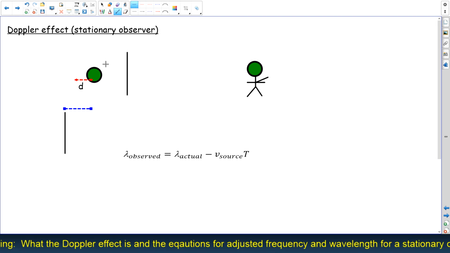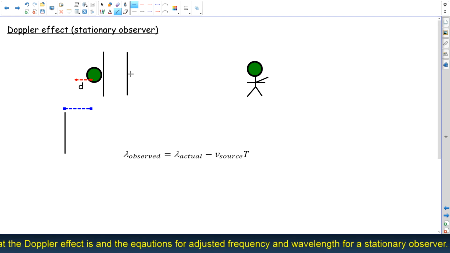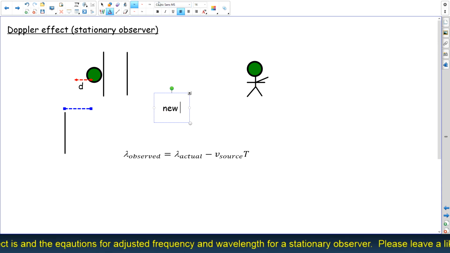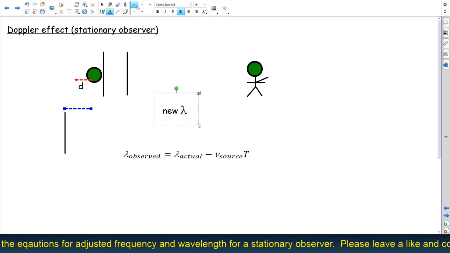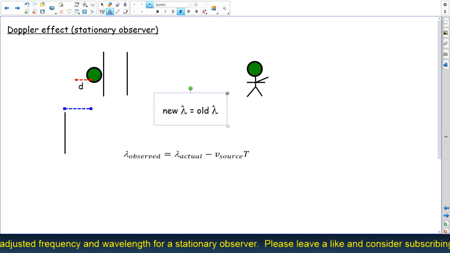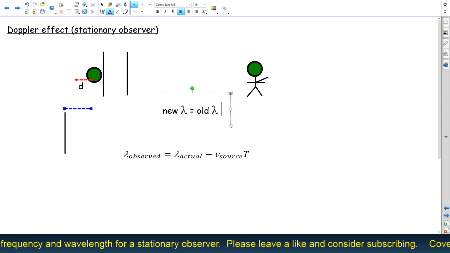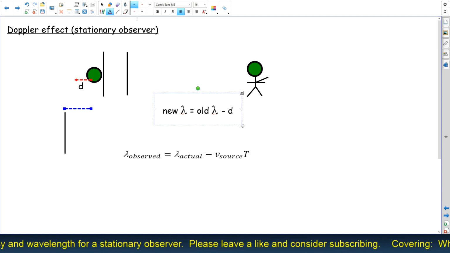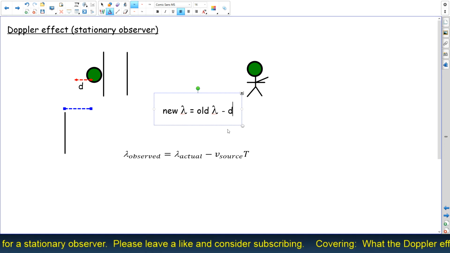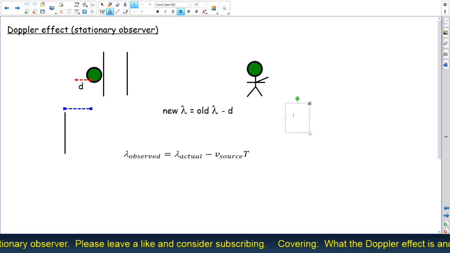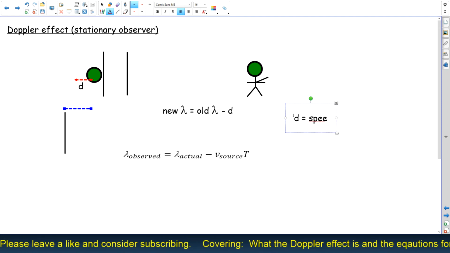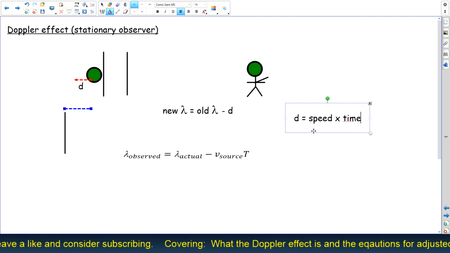And then produced its next wave in such a way that the new lambda is going to equal the old lambda, or the stationary lambda, minus the distance. Yep, because it's now a distance d closer than it probably should have been. And of course, from our speed equals distance over time equation, distance equals speed times time is true.